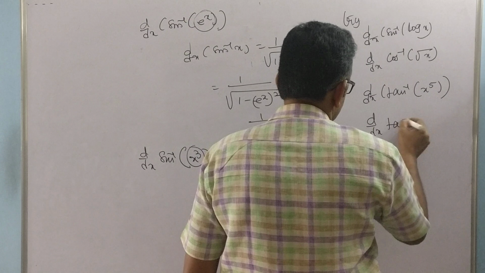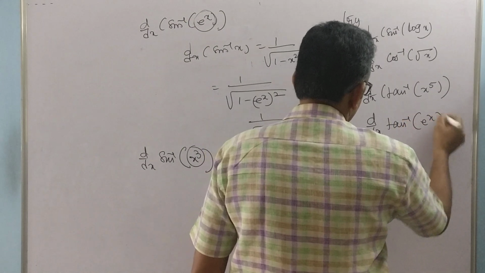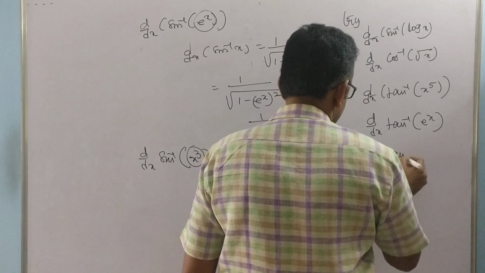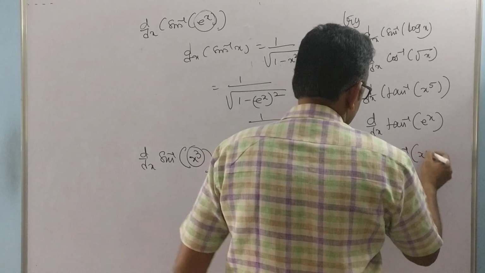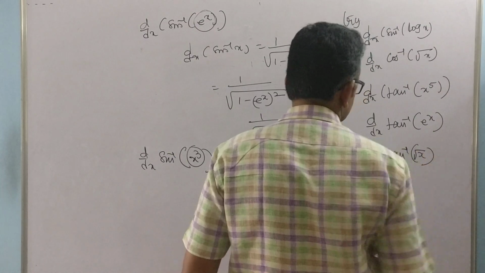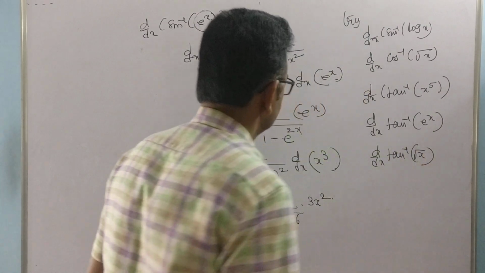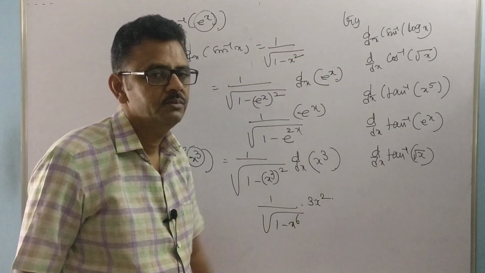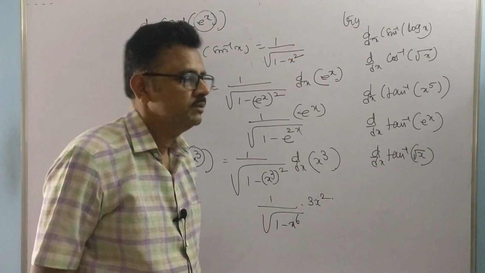Derivative of tan inverse of e power x. Derivative of tan inverse of x to the power of root x. Okay now, by using this, you have to find the derivative of these functions. Okay, thank you.